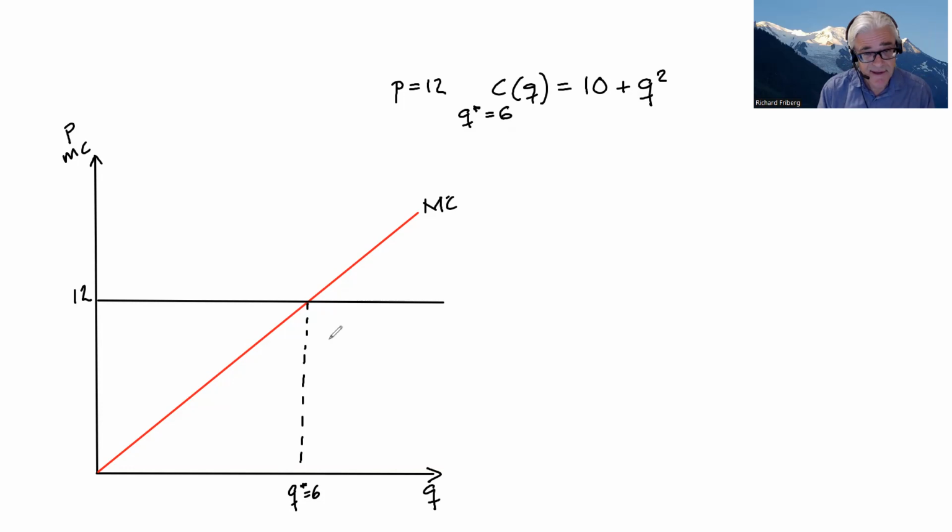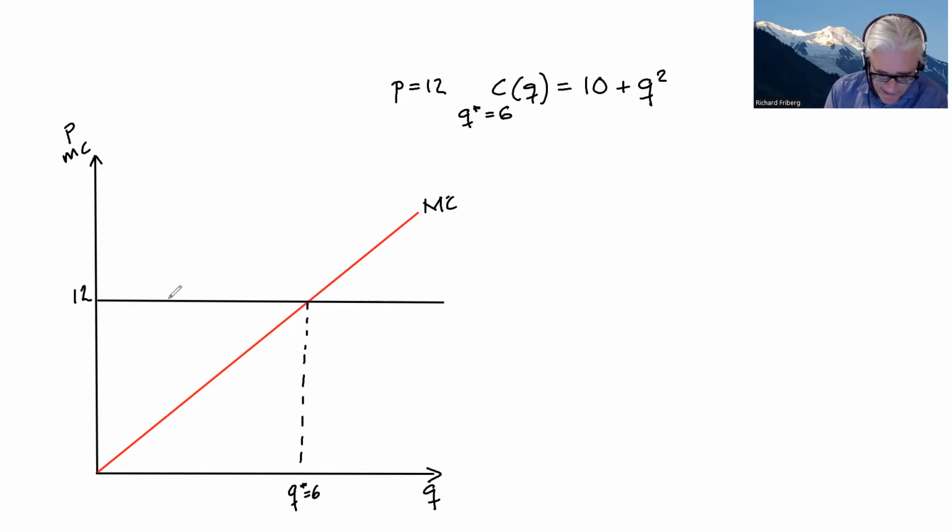So the question is, how can we illustrate profit in this diagram? Well, first of all, let us note that sometimes there's a misconception that because a firm produces in a way such that price equals marginal cost, this would lead to zero profits. In some sense, there's a notion that marginal cost sounds like cost, and if costs are the same as price, then profit should be zero. No, that's not the way to think about this.